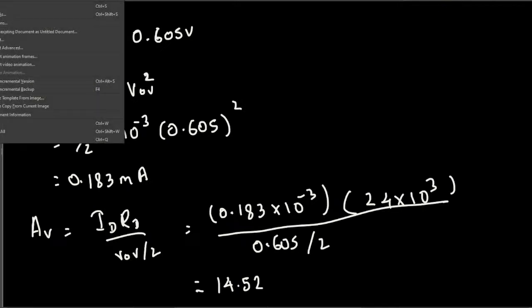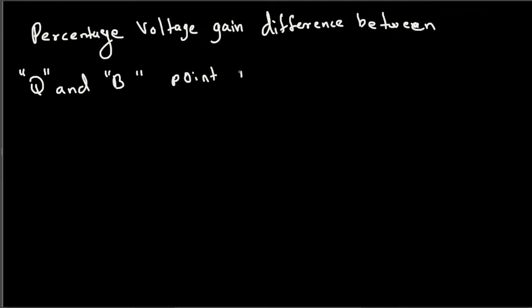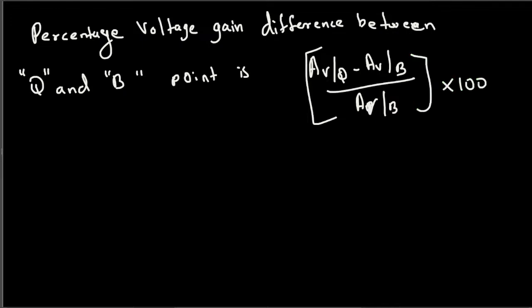To find out the percentage voltage gain difference between Q and B, we have to use an equation: AVQ minus AVB divided by AVB, multiplied by 100, and that's going to give the percentage difference.